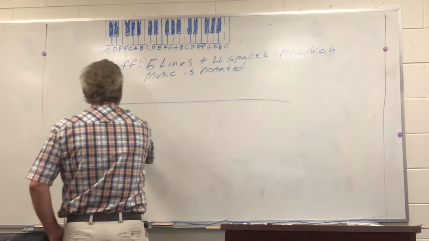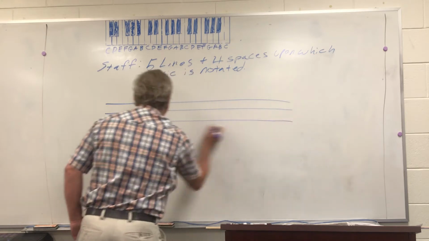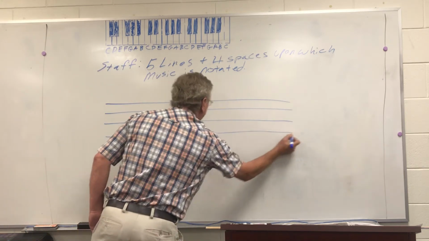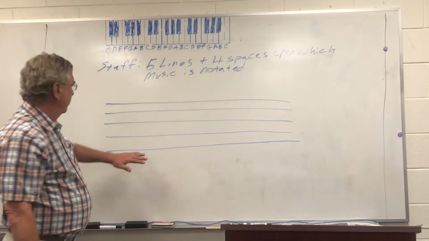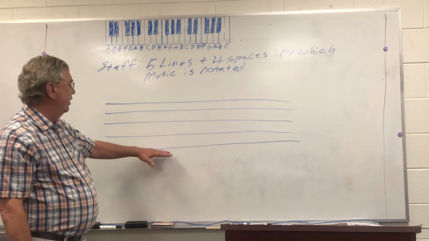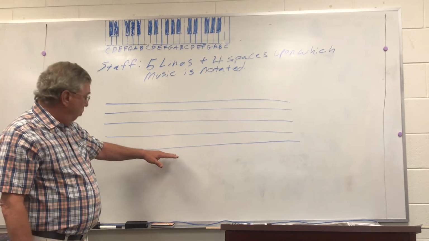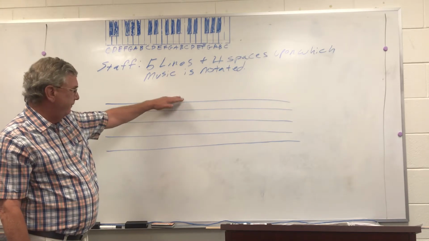There's 1 line, 2 lines, 3, 4, and 5. In music, we start from the bottom and we go up. This is line number 1, number 2, number 3, number 4, and number 5.